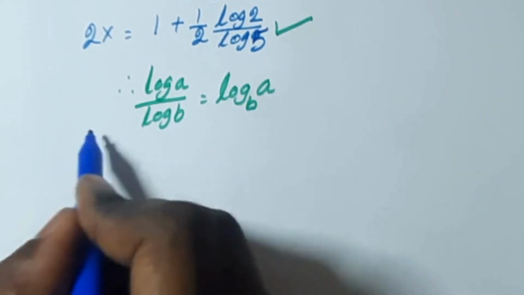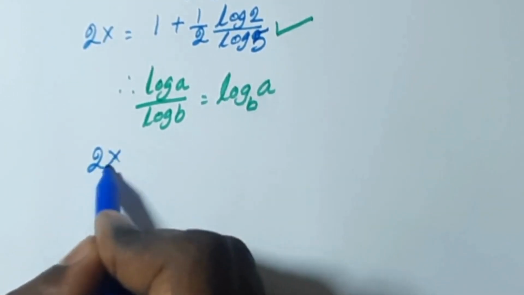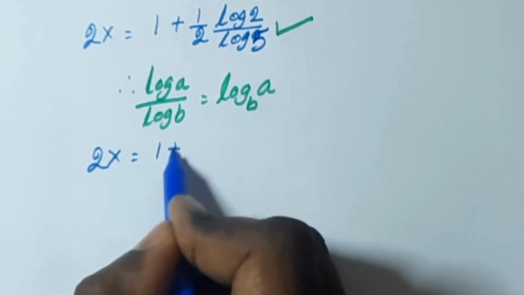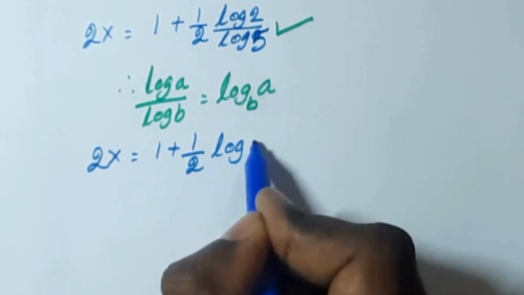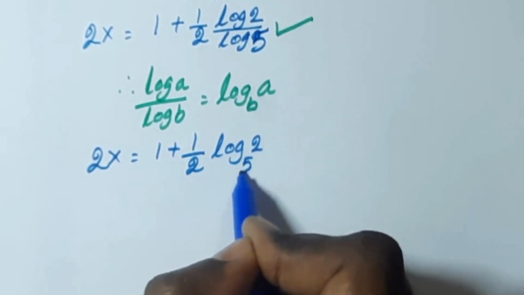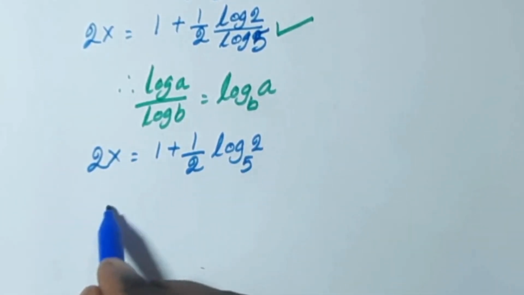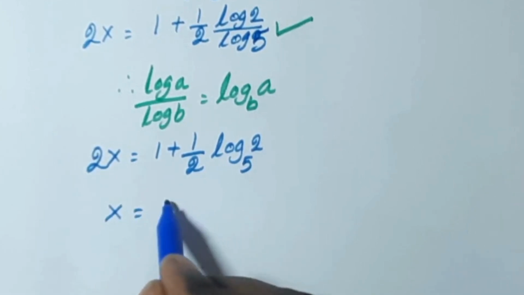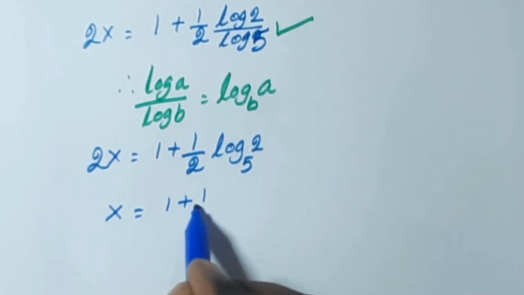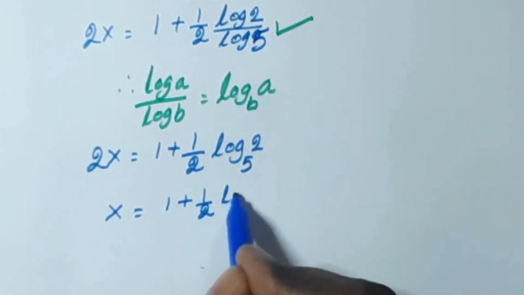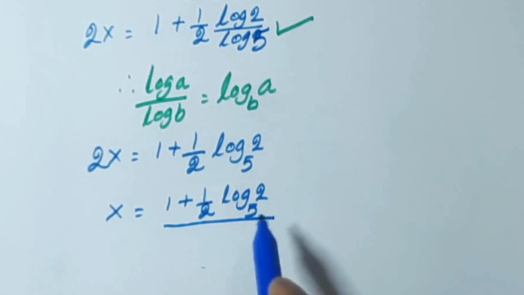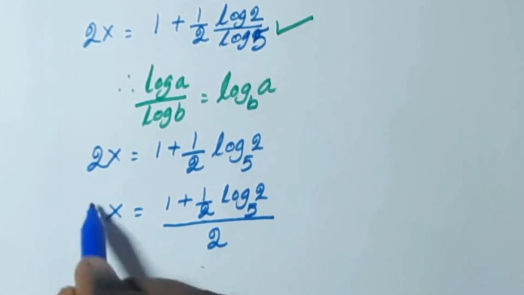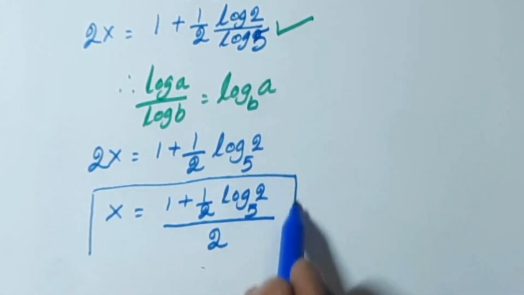So 2x equal to 1 plus 1 by 2 log 2 base 5. Now x equal to 1 plus 1 by 2 log 2 base 5 by 2. This is x.